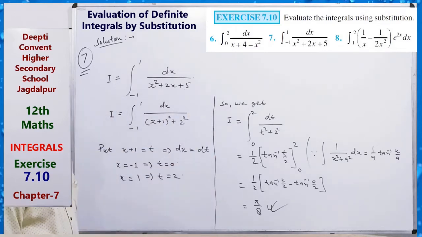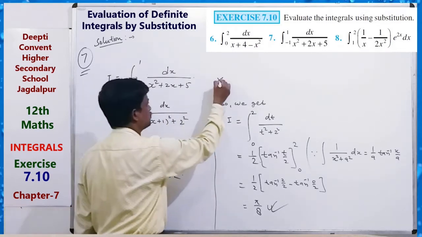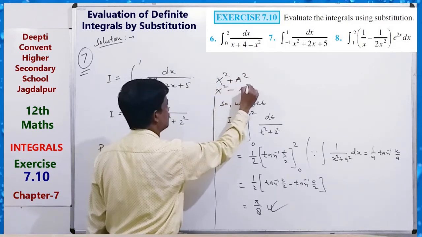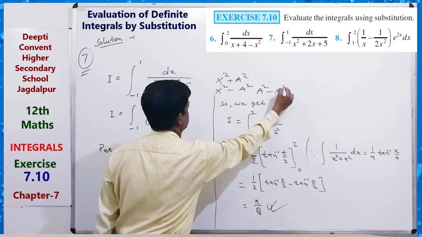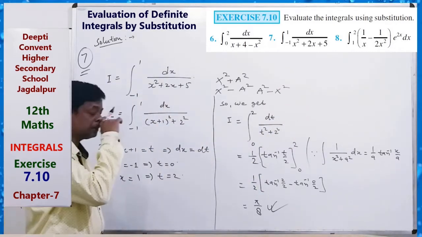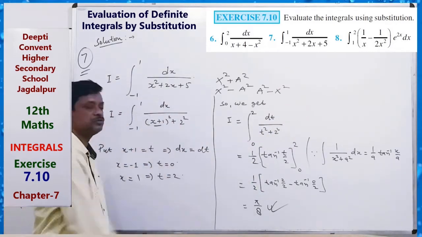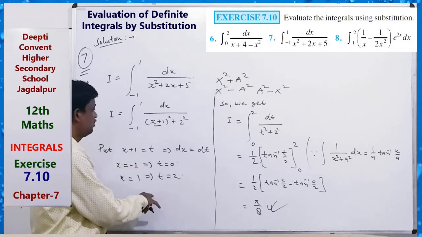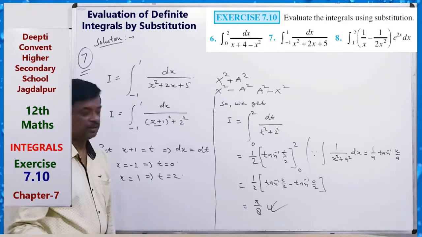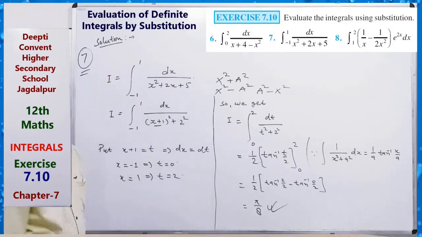A second degree factor, convert it into the form x square plus a square, or x square minus a square, or a square minus x square, any of the forms. Then substitute this equals to t, get the new limits for t, and use this for solving.